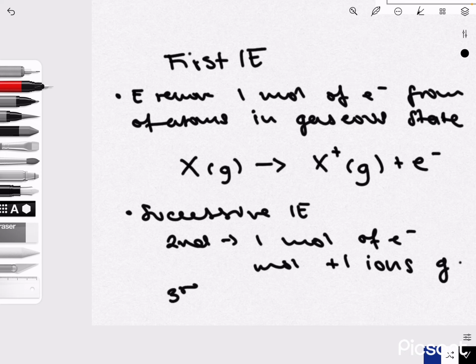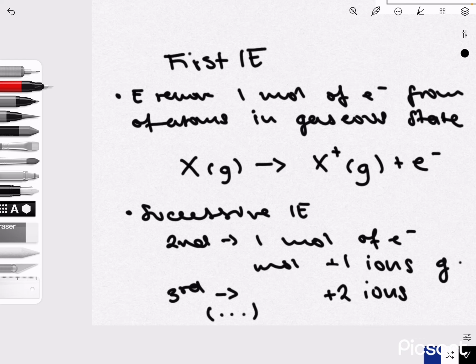And your third ionization energy will be the same thing, except that it's for your +2 ions, and so on and so forth.